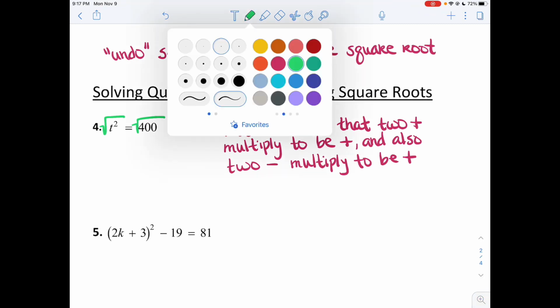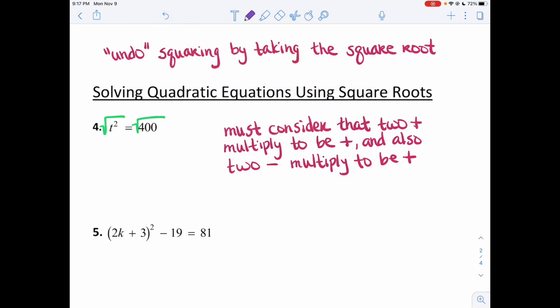So we have to take both of those into consideration whenever we are solving by taking square roots to get rid of something that's squared, because we don't know if the t value started out as a positive 20 and we multiplied 20 times 20 to get 400, or if the t value started out as two negative 20s, and so we multiplied negative 20 times negative 20 to get a positive 400. So we have to take into consideration both.